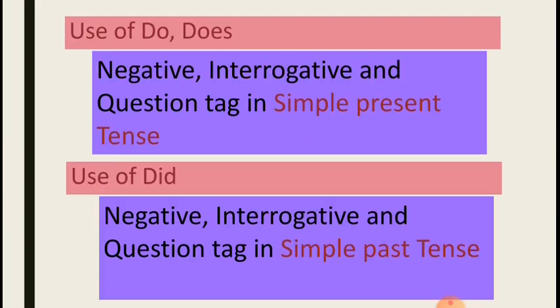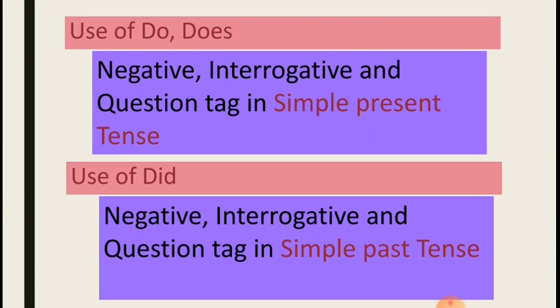Now look at the use of do and does. All of you know very well that do and does are used with present tense and did for past tense. So let us remember that for negative, interrogative and question tag in simple present tense, we use do and does.